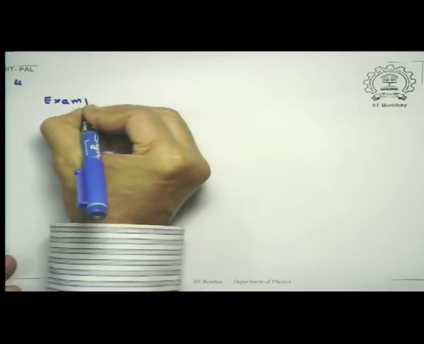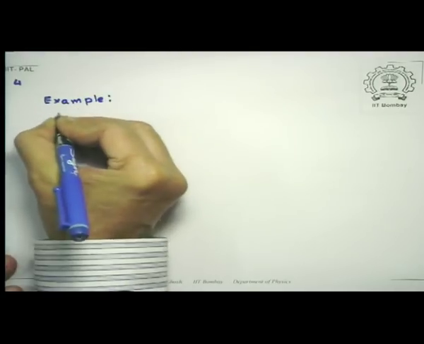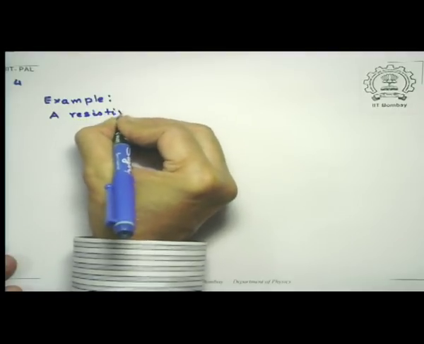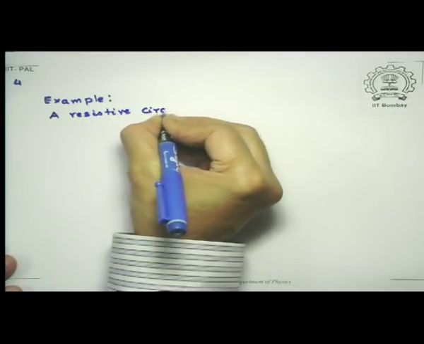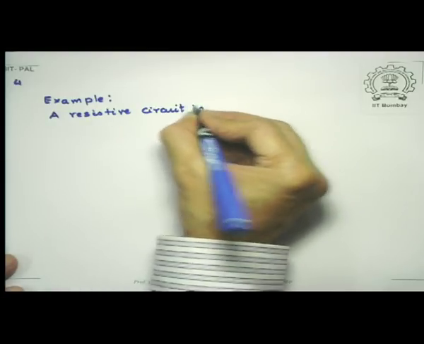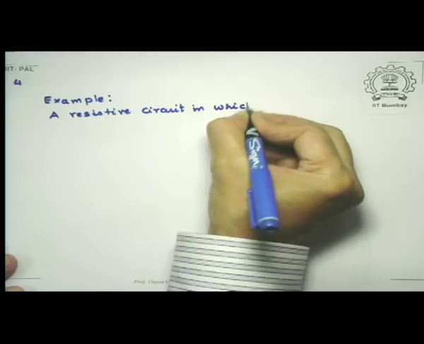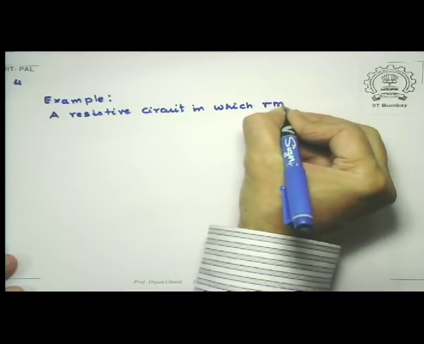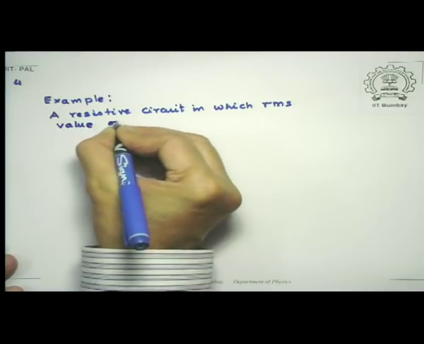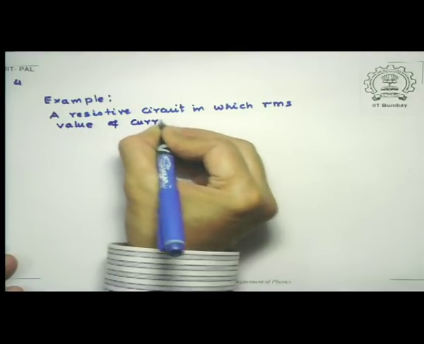So let's look at some example. Let me consider a resistive circuit in which the RMS value of current is 5 ampere.